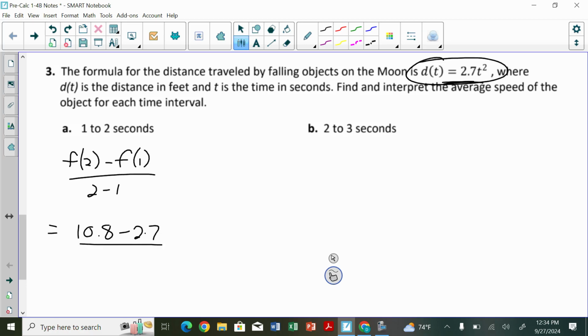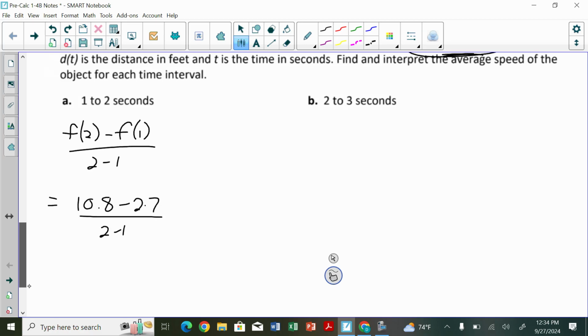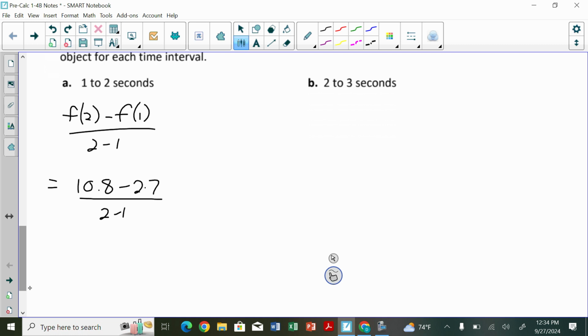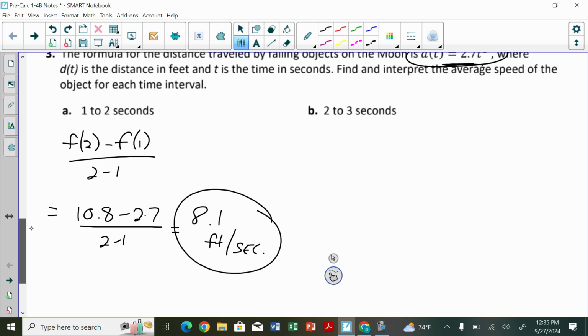Then 2 minus 1 goes in the denominator, and 2 minus 1 is 1. 10.8 minus 2.7 comes out to 8.1, and we would call this feet per second. Make sure in word problems that we're labeling it. That was taking it right into the functions and subtracting them there.